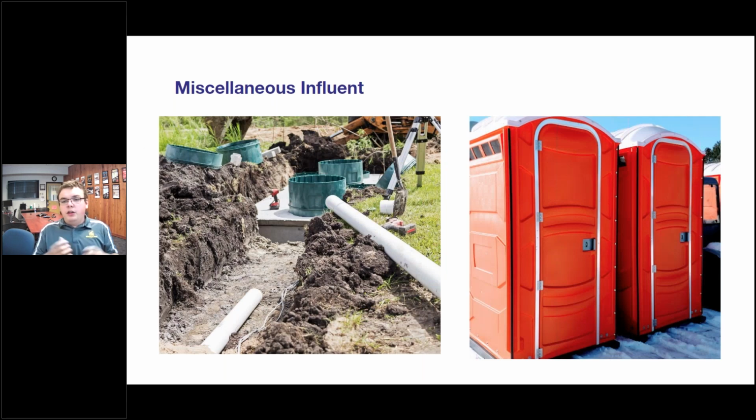Then another thing to deal with is miscellaneous influent. So if you're taking in different sources of waste from the community, such as septic waste or porta potty waste, that poses its own issues. For septic waste, you may think, well, it's already waste products, so why does this affect me if I'm putting more waste into my lagoon system?